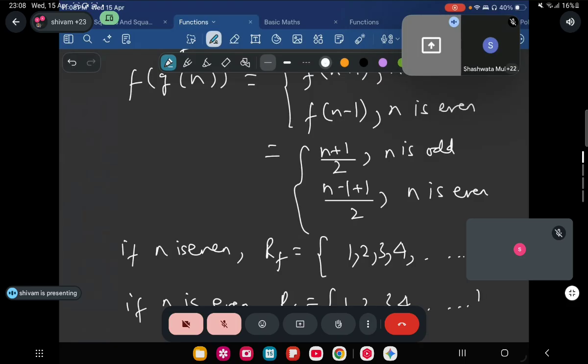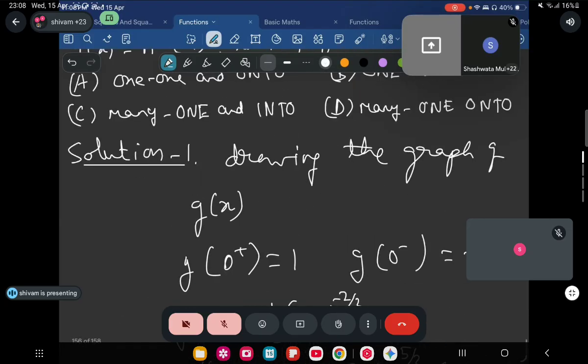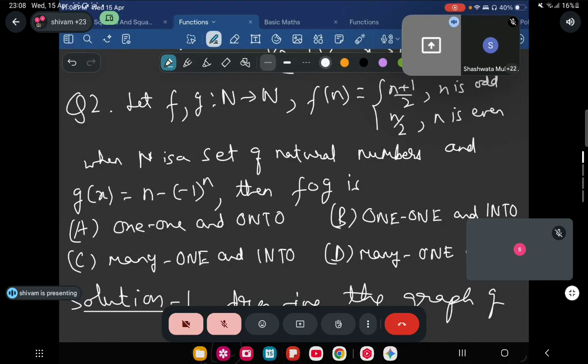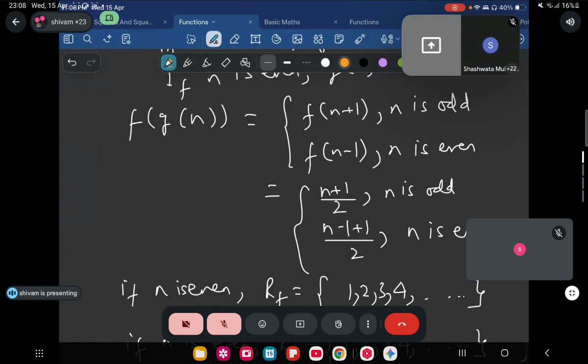We are getting the same thing. Right? Done. The codomain is the set of natural numbers. So of course it is many one. Hence the answer is many one on 2, option D. Is it clear to everyone? If anyone has any doubt, you can ask me. It will be many one on 2.